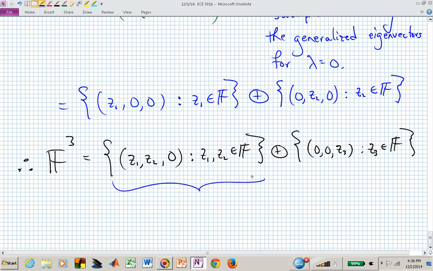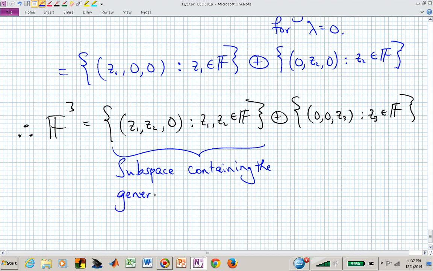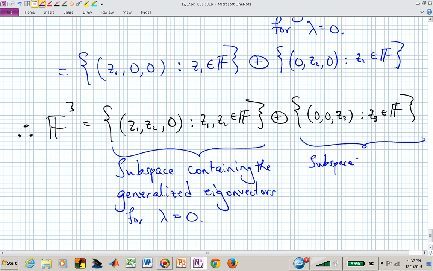Where this first piece, again, is the subspace containing the generalized eigenvectors associated with the eigenvalues at 0, and the second piece or subspace is the subspace containing the generalized eigenvector for lambda equal to 1.